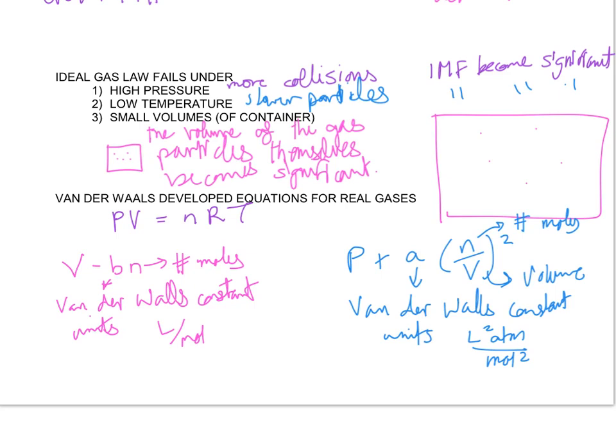So let's put all this together. If you plug in this instead of V and this instead of P into PV equals nRT, here's what you get.